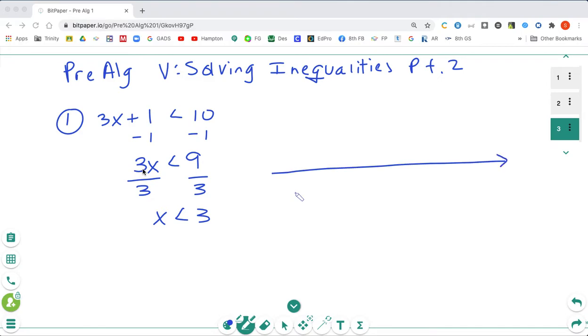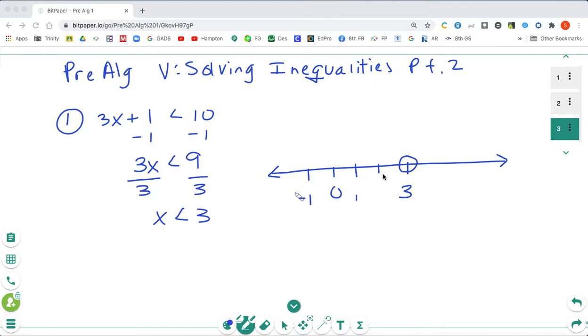When we graph, we're going to make sure that we have a 0, a -1, and a 1, 2, 3. Now, because this is only a less than, it's going to be an open circle. And if you have written the variable first, then we can use the inequality here to check our graph.